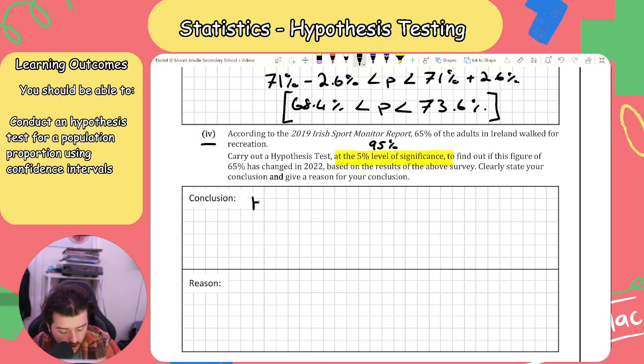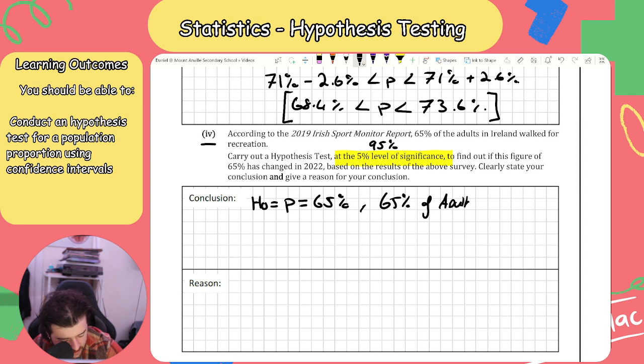So my null hypothesis is that my population proportion is equal to 65% or 0.65, right? So my actual population proportion is still equal to 65%. So 65% of adults walk for recreation.